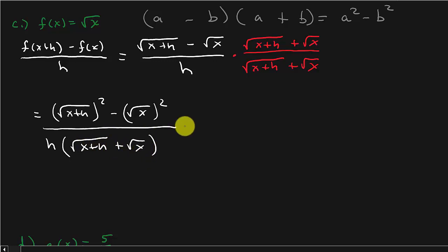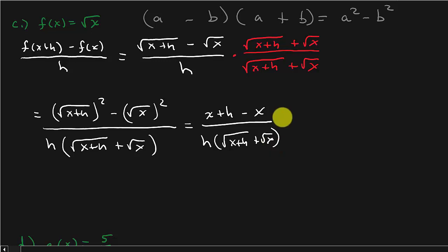All right. And then remember, whenever you square a square root, your answer is just what's underneath the square root. So this squared is x plus h minus, and then this squared is x, and that's over h times square root of x plus h plus square root of x.